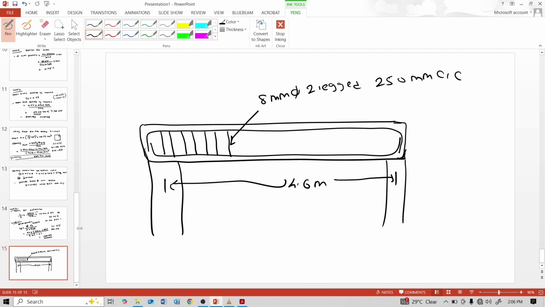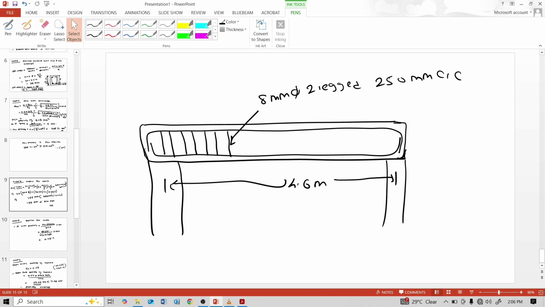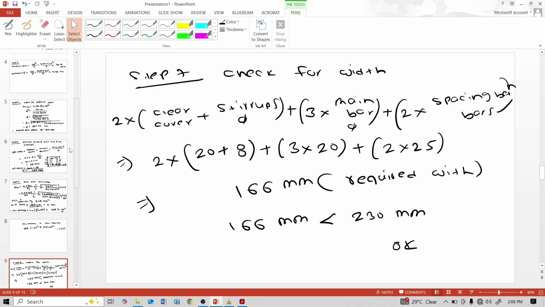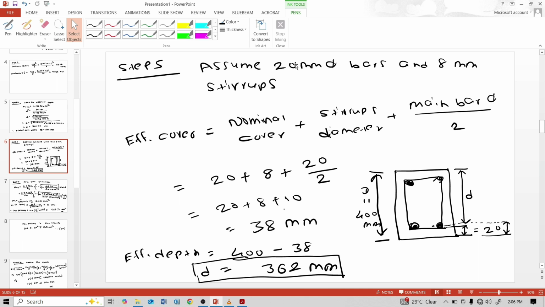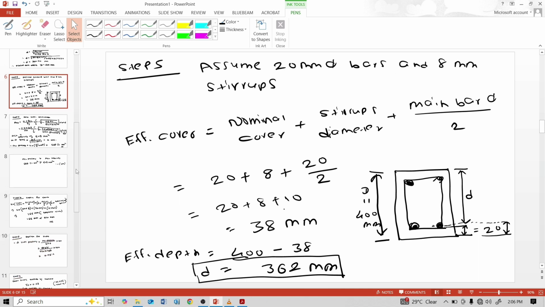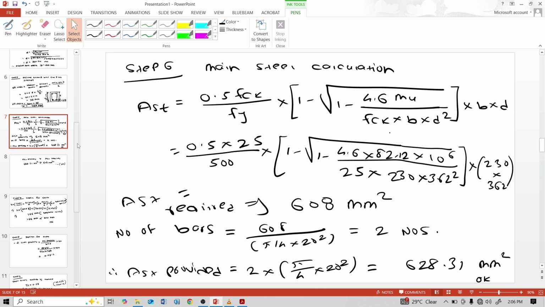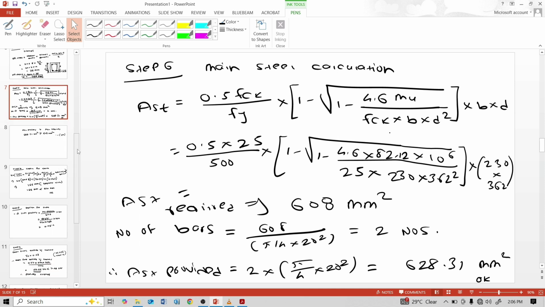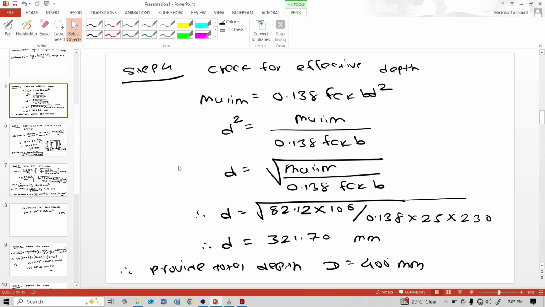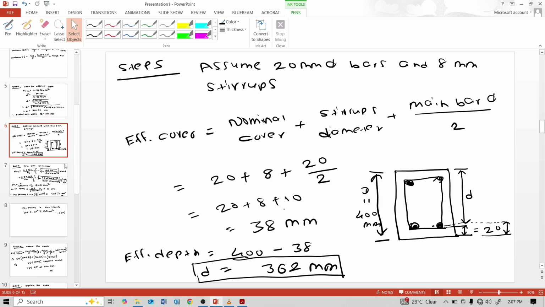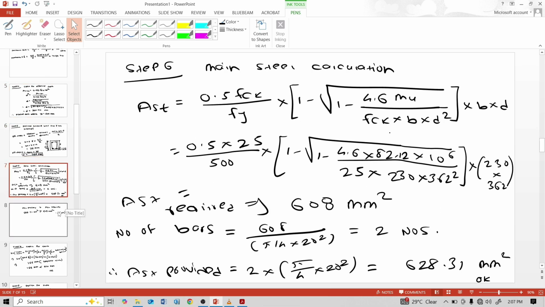Our main bar design is 20 mm bars, provided bars. Two bars we provided. Provided Ast is 628.31, 2 bars of 20 mm diameter.